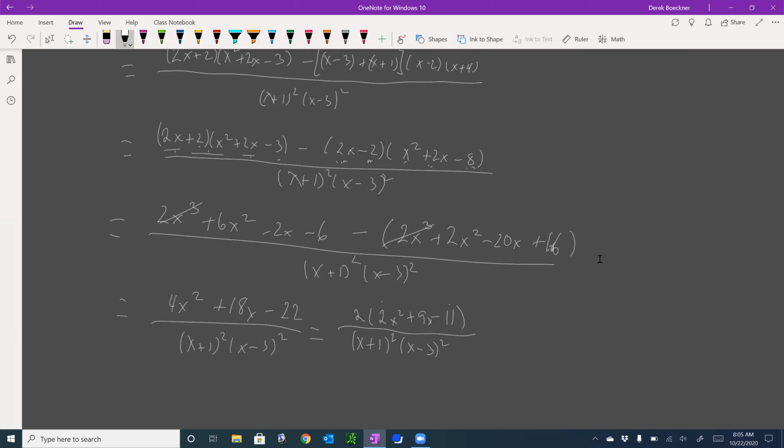So if I multiply these 2 together, that's my AC. I need 22, so I need factors of 22 that add up to be the middle term. So I'm going to use 2 and 11. We'll go plus 11x, and then I'm going to go minus 2x minus 11.